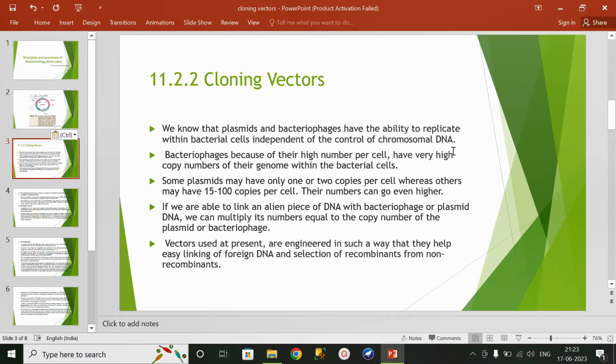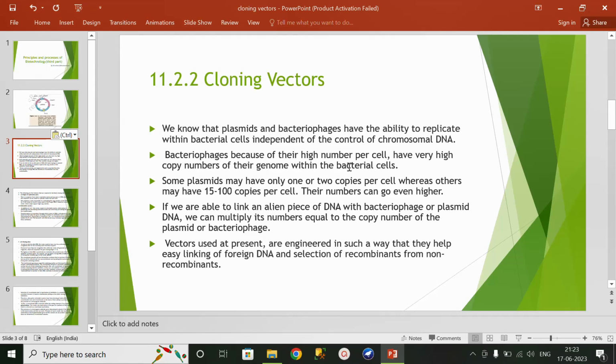So suppose any bacterial cell is present, inside that bacterial cell, a plasmid or bacteriophage can replicate independently of the chromosome of that microorganism.